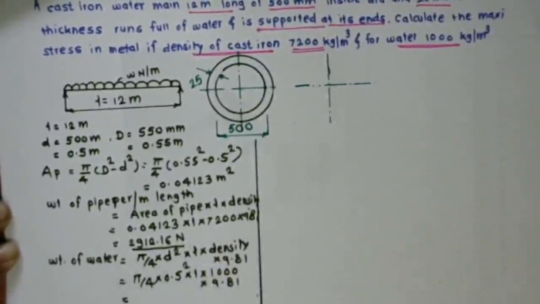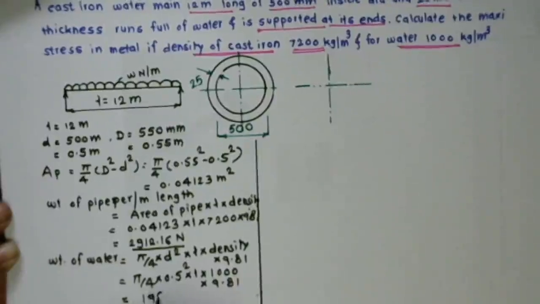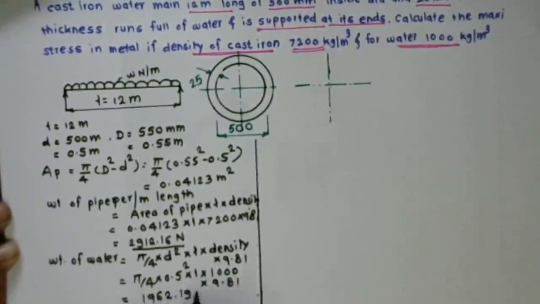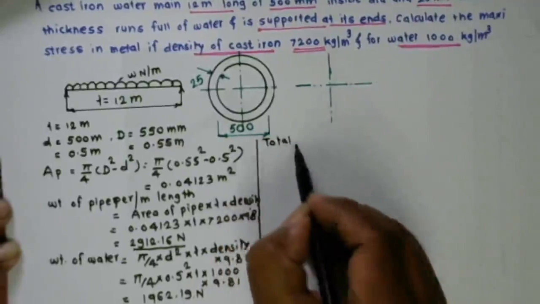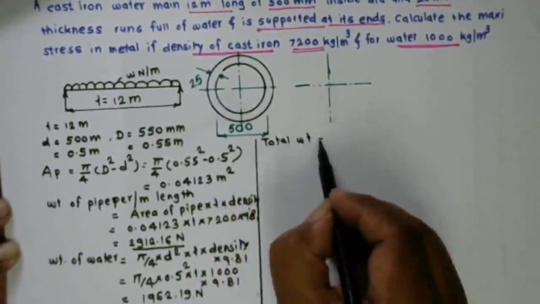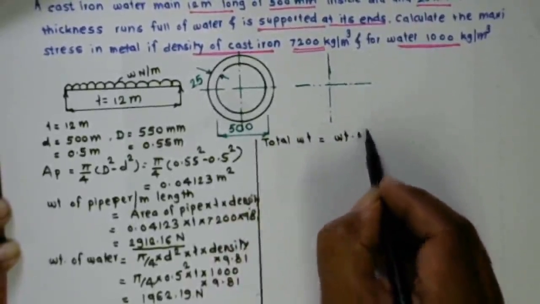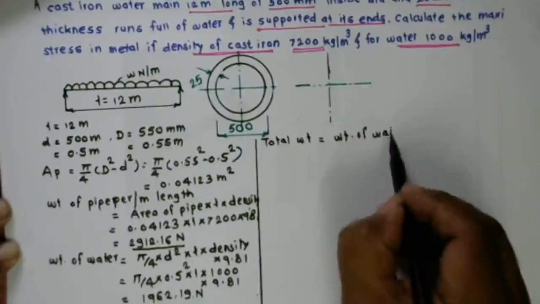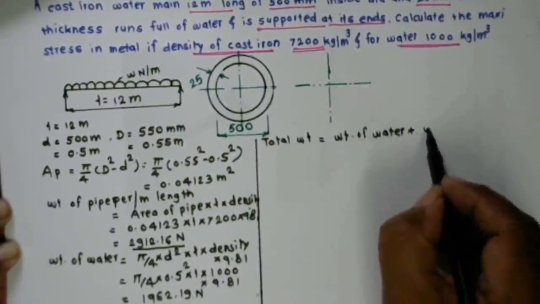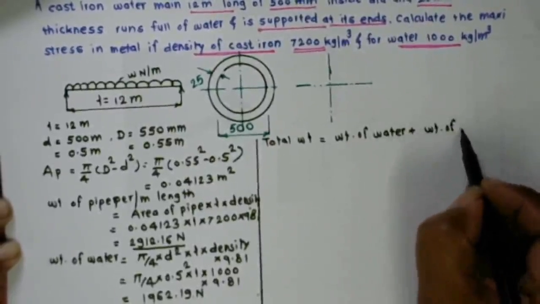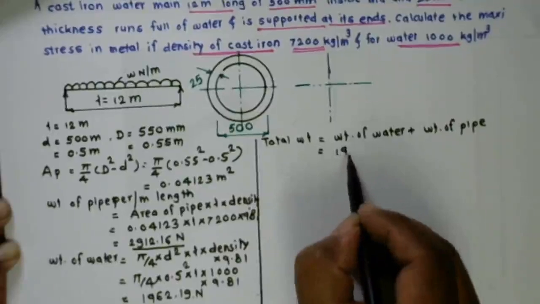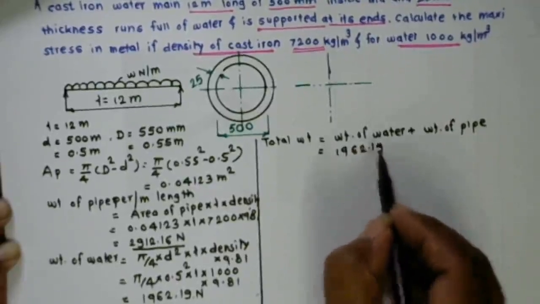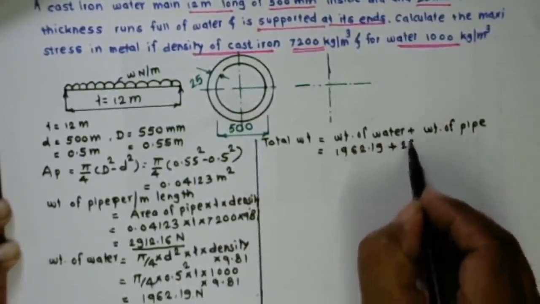So this becomes a value in Newton. So weight of pipe is known, weight of water is known, so we can calculate the total weight, which is equal to weight of water plus weight of pipe. So put all these values, which we already calculated.